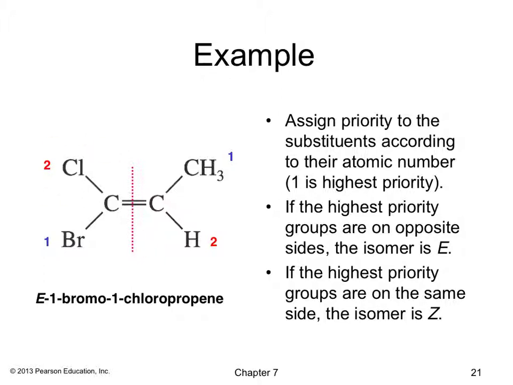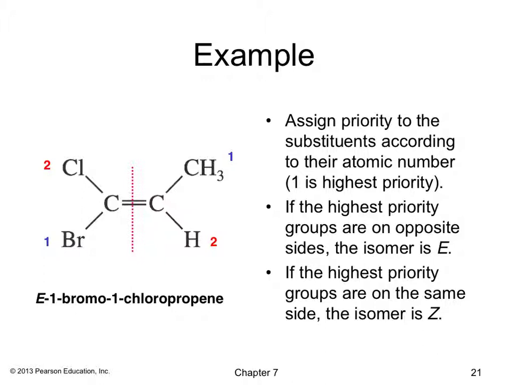On the other side of the double bond, when you're assigning priority to the substituents according to their atomic number, the higher number is the higher priority. So in this case, the bromo is the highest, and on this side, it's methyl versus hydrogen.